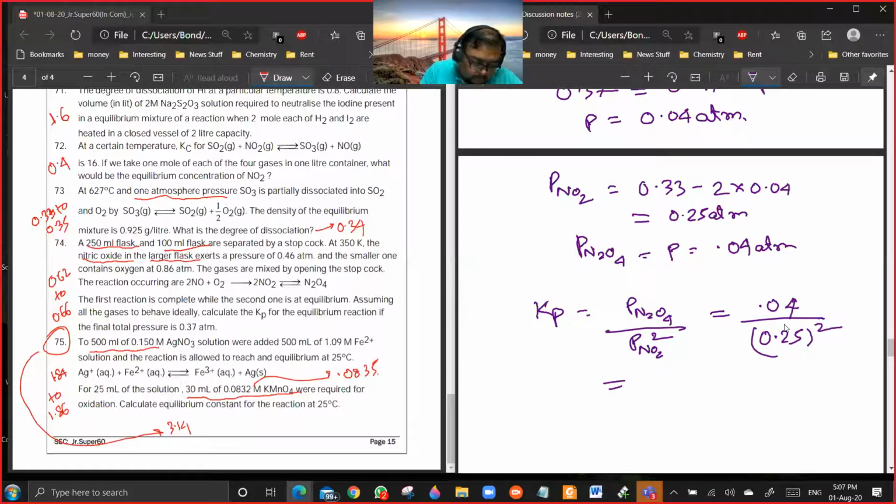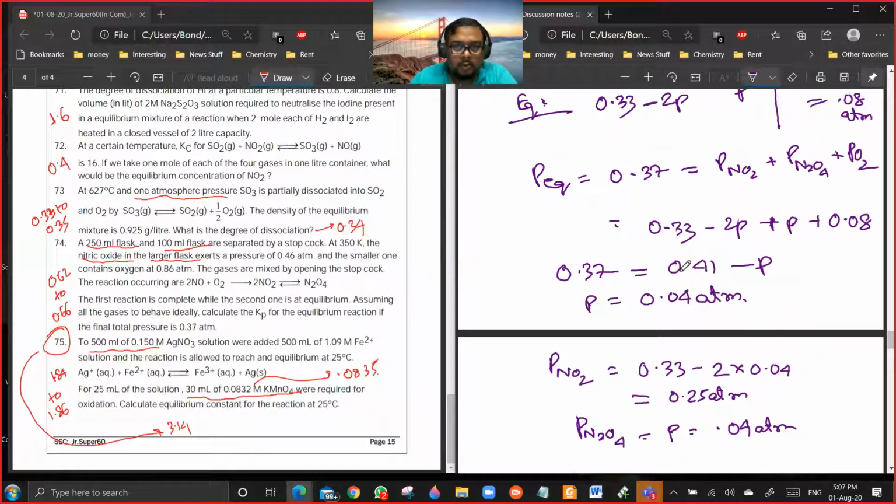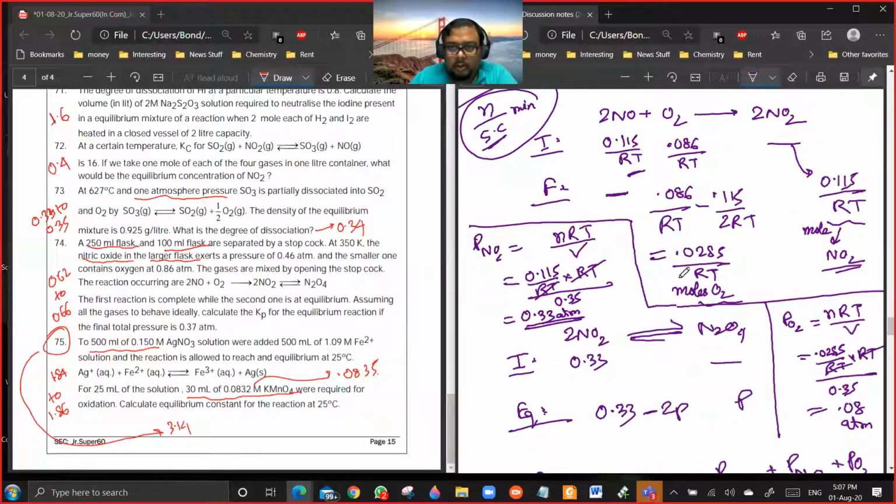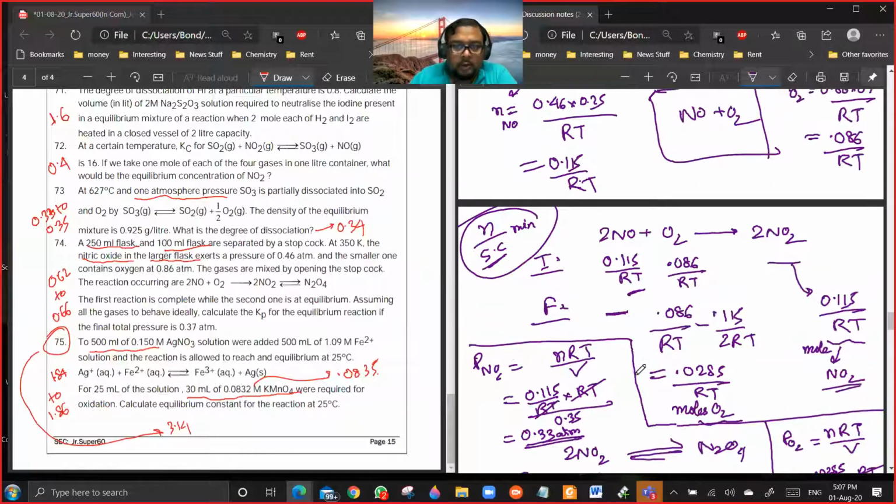So if it is 0.04, then your answer will come out to be 0.64. So they have given a range between 0.62 to 0.66. Are you getting the point? Did you understand this method first? That everyone is getting? Okay.